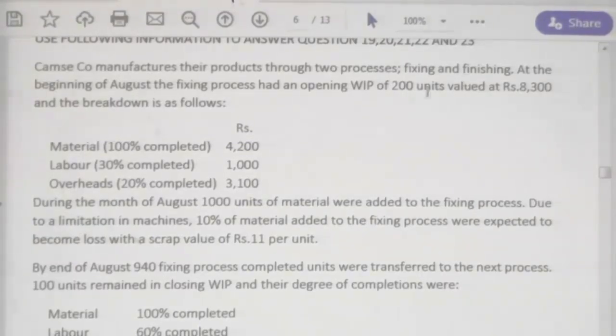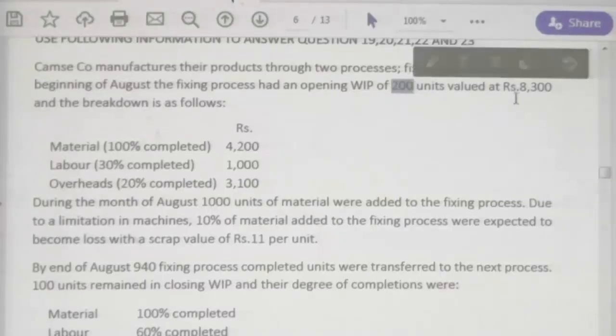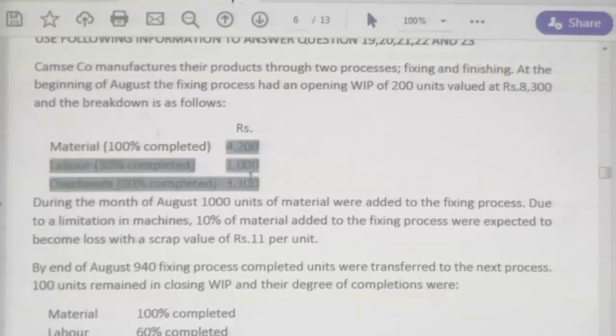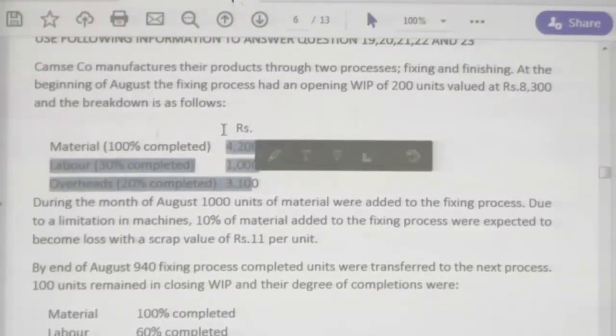Now they have opening work in progress. Remember, the examiner has given a hint to use weighted average method. Here they have given opening work in progress 200 units, their total value 8,300, right? This is the classification of that cost and the percentage of the opening work in progress.